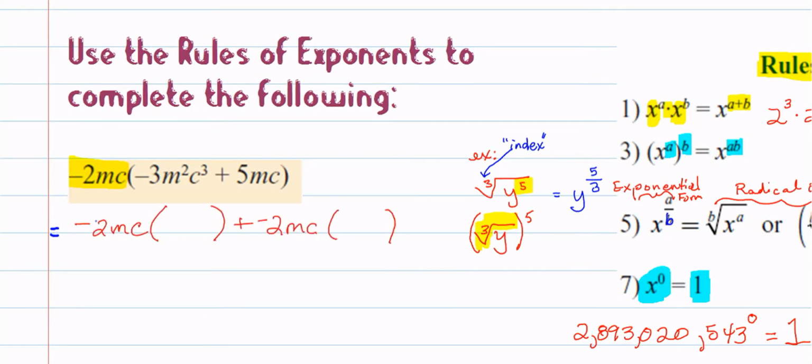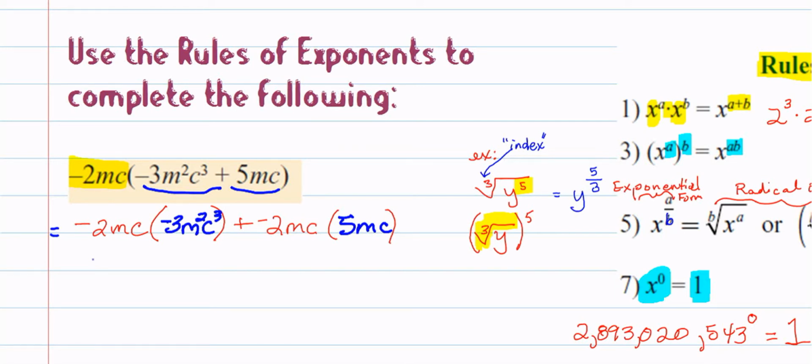Negative 2mc is going to be multiplied by each term inside the parentheses. So negative 3m squared c cubed first, right? Then we distribute it to 5mc. You want to go to every term inside. Be careful with that and distribute thoroughly. And watch two things, your signs, and now watch your exponents. Careful with the exponent rules.